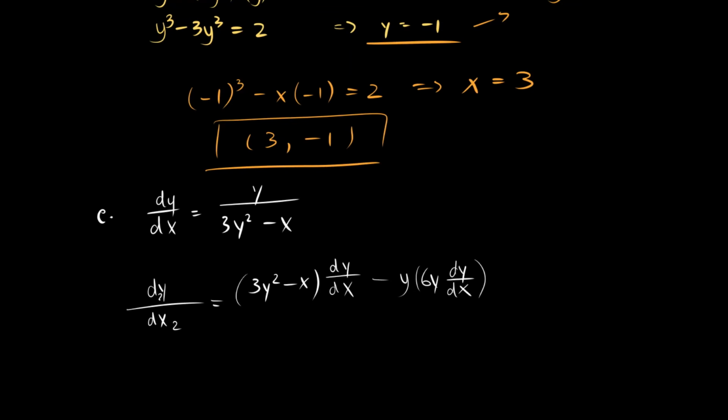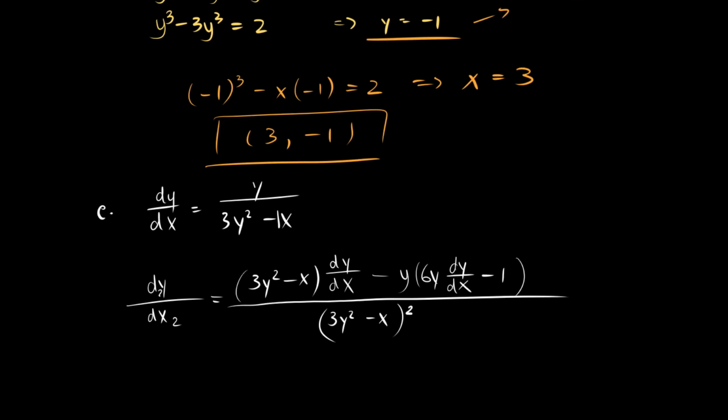Now, oops, I shouldn't have closed the parentheses. Now, we take the derivative of the second term, the negative x. We know that this is actually a -1x, and the coefficient in front of the x when we take the derivative is -1. So this is just -1. And then the last step in the quotient rule is to divide all of this by the bottom squared. So this is 3y squared minus x, the quantity squared.